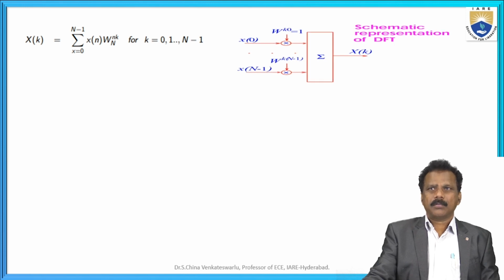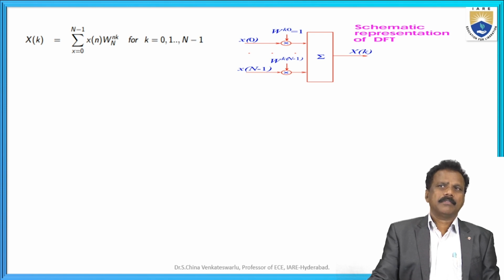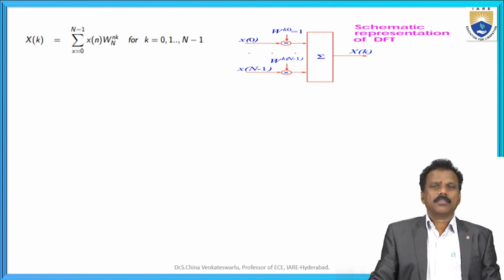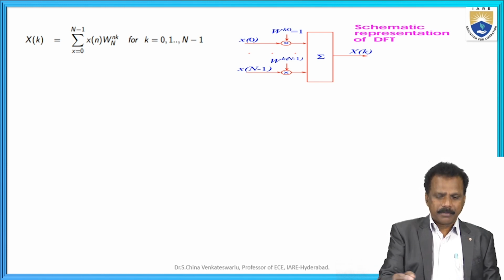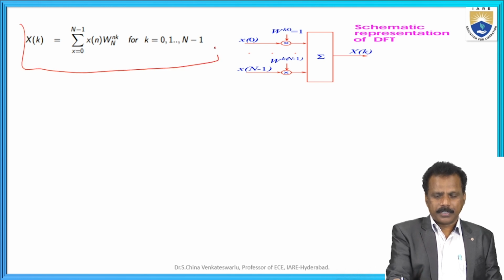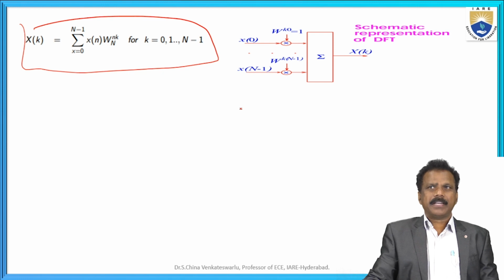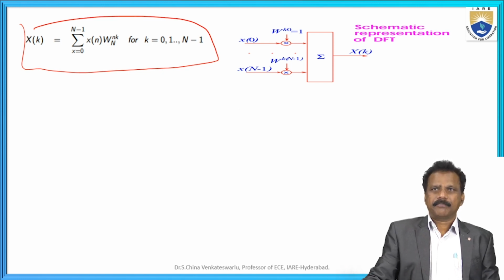Now the schematic representation of the DFT. In applications, whether efficient or normal cases, we have to follow the DFT formula, the discrete Fourier transform formula. In the schematic representation of the DFT, graphically, here is the summation.